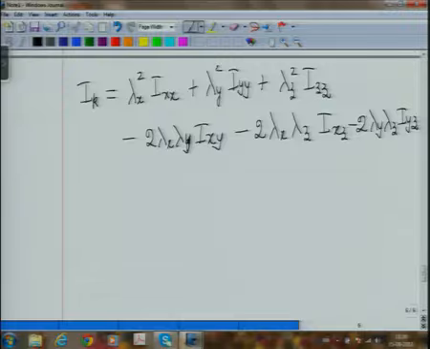So I get the formula for how, if I know I about the x, y, z axes, I can find I about the K axis.